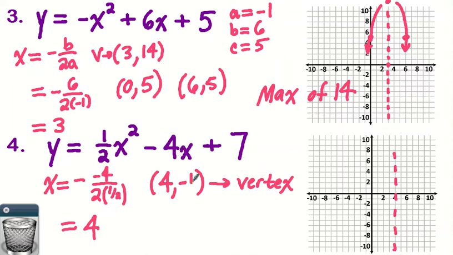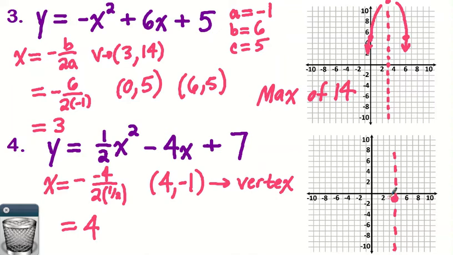I do believe it's a dangerous business doing this in my head. Let me double check this. 4 squared is 16 times 1/2 is 8. And then minus 4 times 4 is 16. So 8 minus 16 is negative 8, plus 7, so negative 1. So 4 comma negative 1 right there.